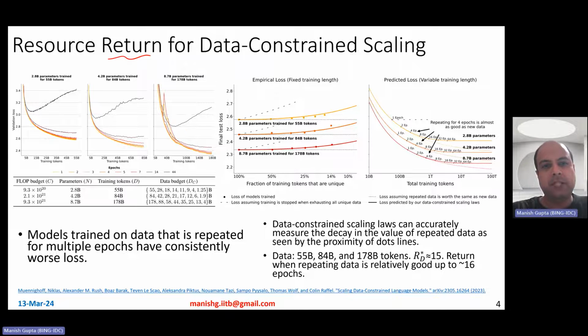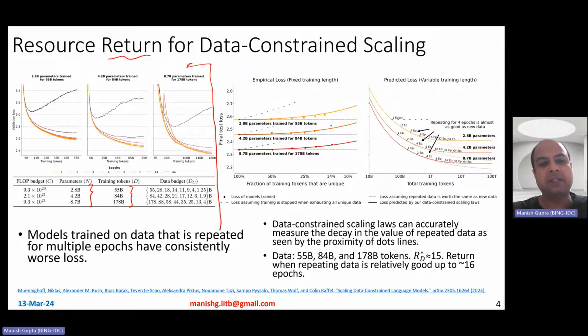So I'll first talk about the plot on the left side. They experimented with three different sizes of models: 2.8 billion, 4.2 billion, and 8.7 billion parameter models. They assume pre-training data of sizes 55 billion tokens, 84 billion tokens, and 178 billion tokens. This was the overall data, but they did several epochs.